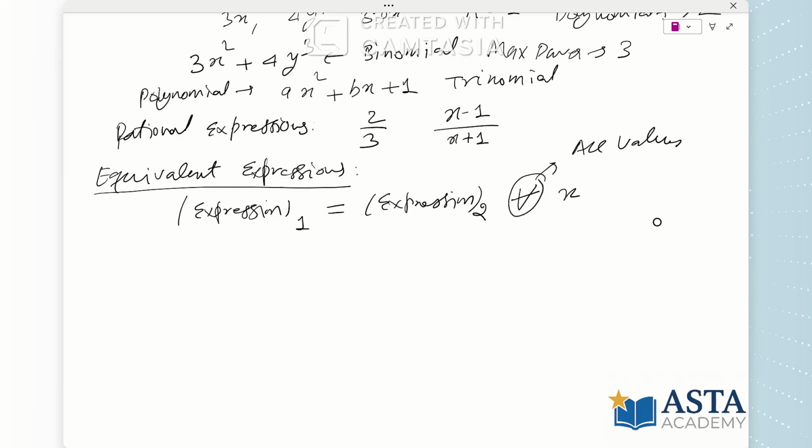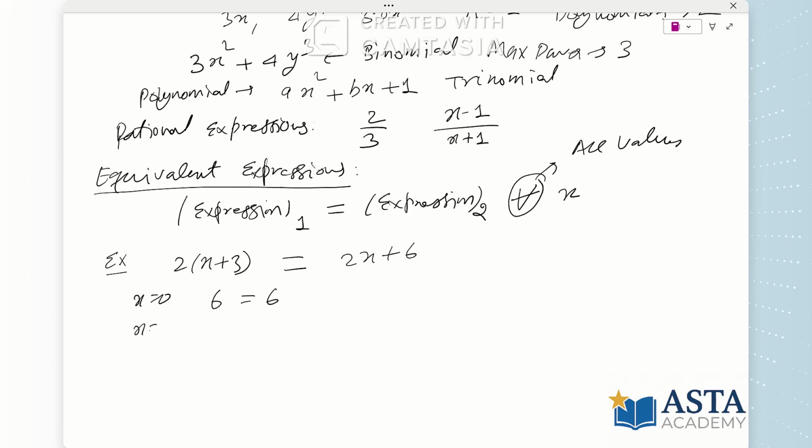Now look at an example. You have 2 times (x plus 3). Is it equal to 2x plus 6? They look slightly different, but essentially they are the same. You can distribute the 2 over x and 3, and you will get the expression on the right hand side. Now put x equal to 0: 6 is equal to 6.